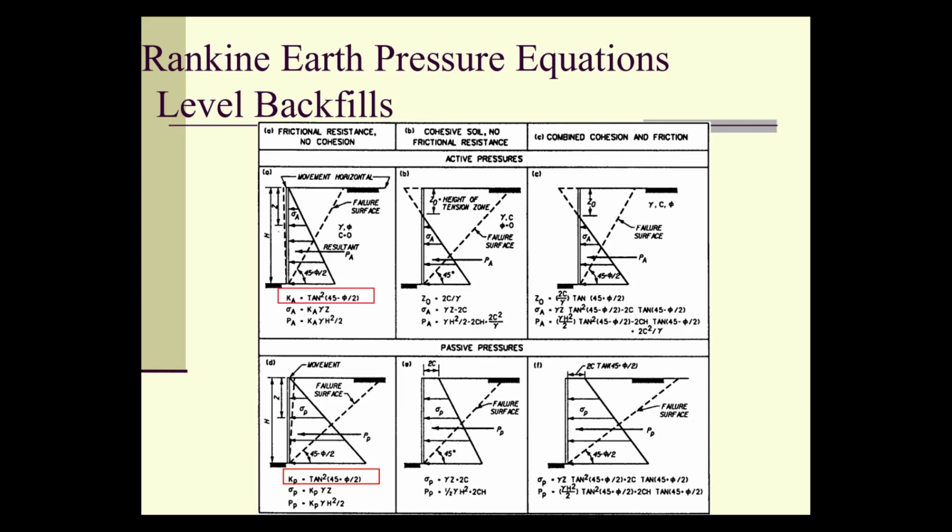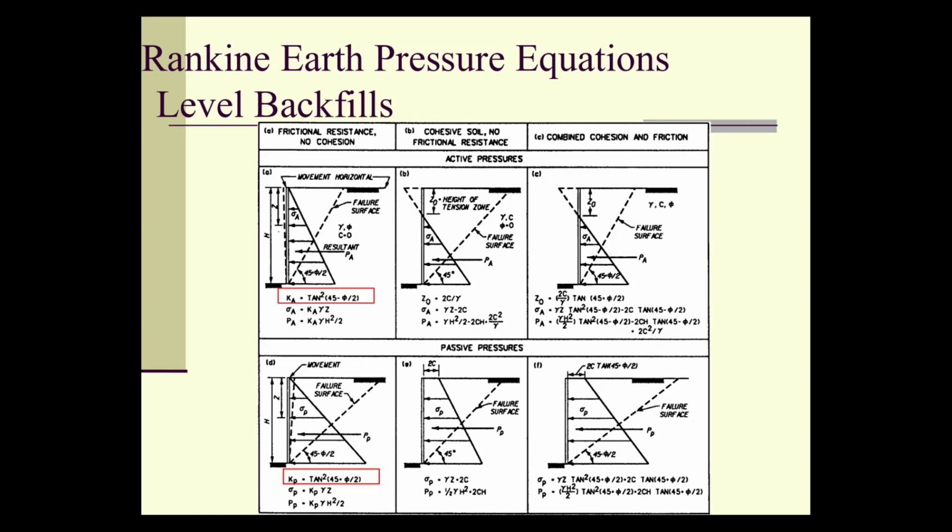Passive, that box D, is then tangent squared of 45 plus phi over 2. I'm not sure if I left the squared out in the active, but it's definitely there. Tangent squared of 45 minus phi over 2 is active. Tangent squared of 45 plus phi over 2 is passive. But once you've established that, the computation of the actual pressures and forces is the same.